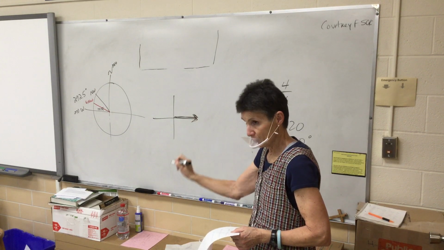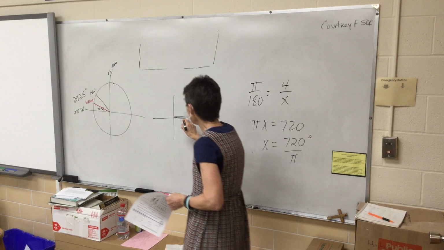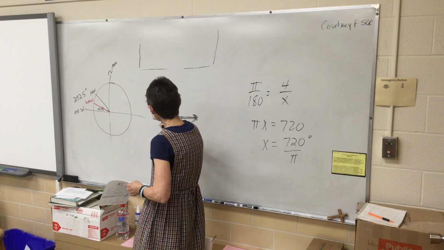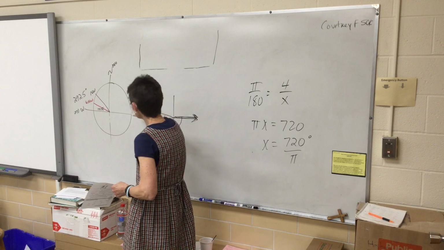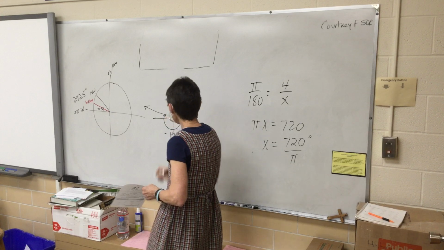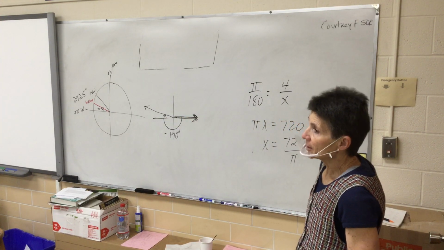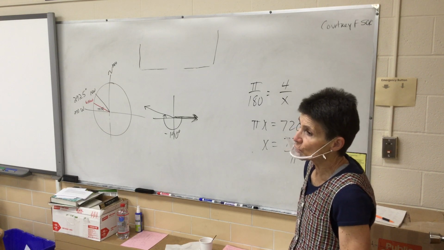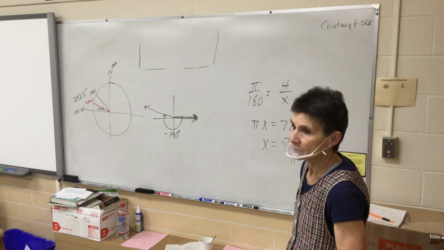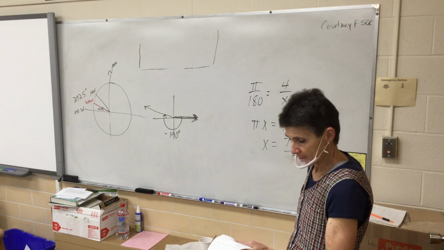So negative means down, clockwise is negative, and I need to go 190. So that would be all the way around to here and a little bit more. So this angle would be negative 190 degrees. Your ability to draw angles correctly is going to be huge in the next section and the rest of the chapter. Okay? Really forever in your life in trigonometry.